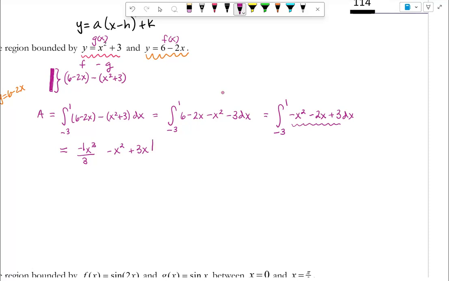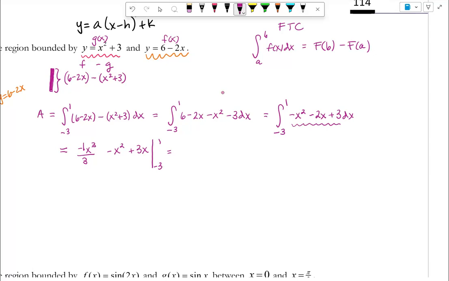Okay, so when we go to evaluate this, from -3 to 1, I'm going to use my equal sign again because this shows that I'm going to evaluate this integral. I always plug in top minus bottom, right? Because what we're using is the fundamental theorem of calculus: if we integrate some function, we find its antiderivative, we plug in the top, we plug in the bottom, and we subtract.